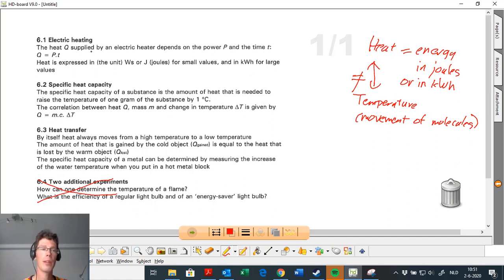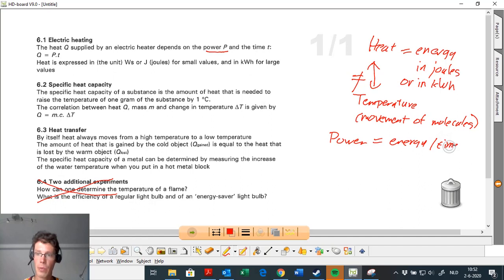The heat supplied by an electric heater depends on two things: the power, and power equals energy per second. Energy per time, I should say.